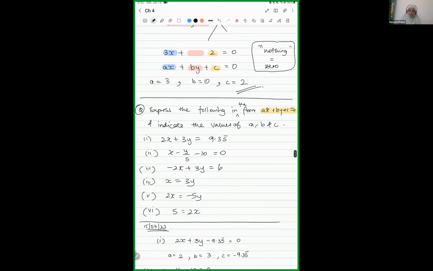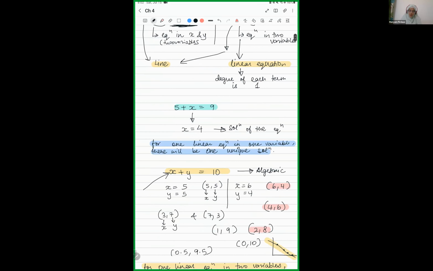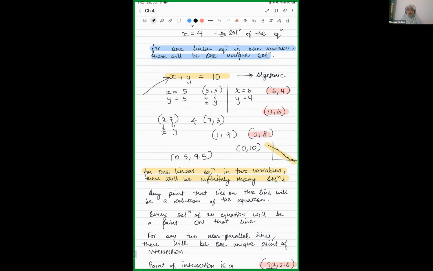Just like over here, the solution of the green equation is x equals 4. That means if you put x equals 4 in the green equation, LHS will become 5 plus 4, which is 9, and RHS will also be 9. So that is why it is a solution of your equation.